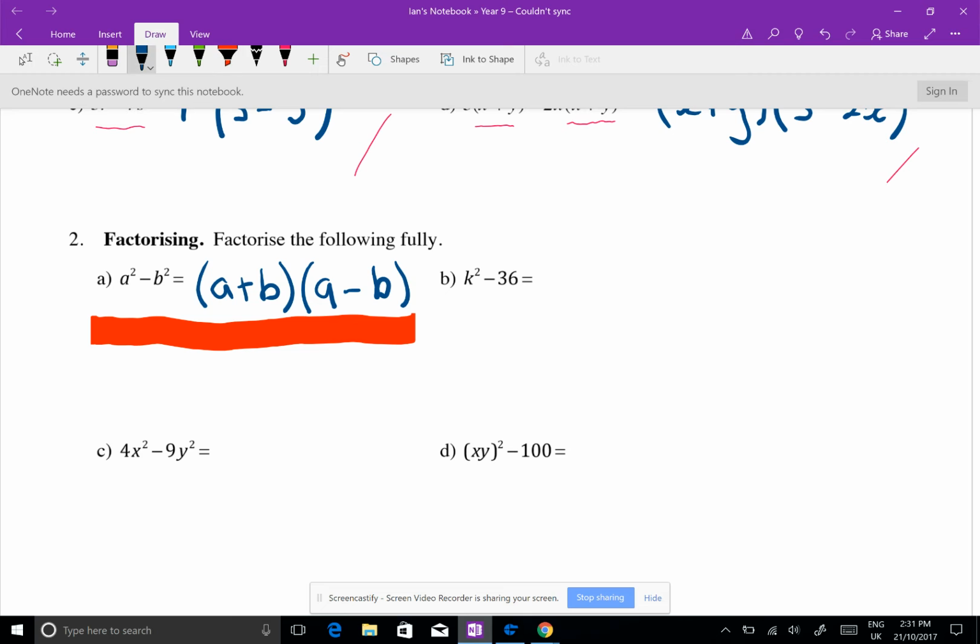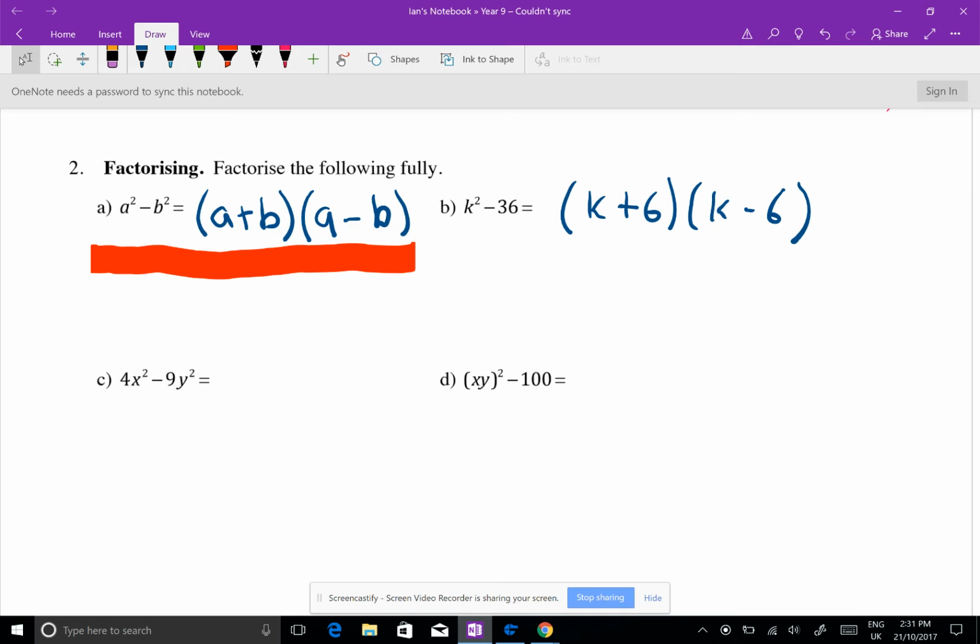Now, if we go to the next ones, here's k squared minus 36. Well, that's going to be k plus 6, k minus 6. Pretty easy. Here, the square root of 4x squared, well, that's 2x. And the square root of 9y squared, well, that's 3y.